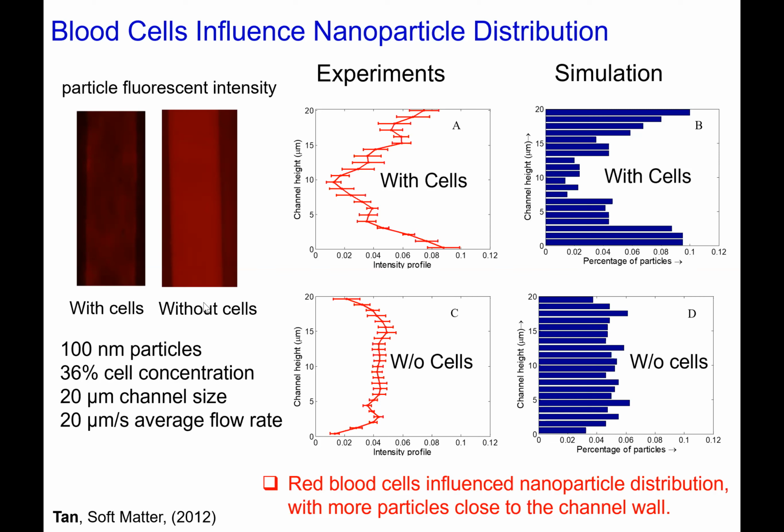The same trend is also observed in microfluidic experiments, by checking the fluorescent intensity of the particles across the channel. So we can see that red blood cells can influence the particle distribution, so that there are more particles toward the edge of the blood vessel.